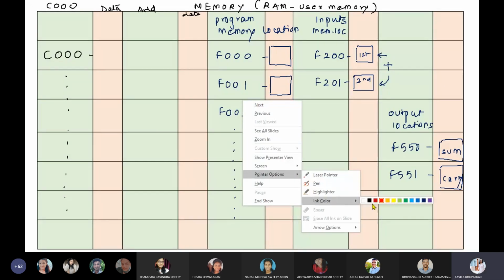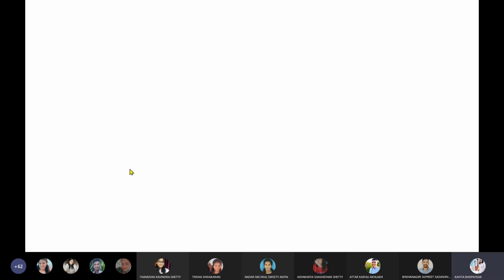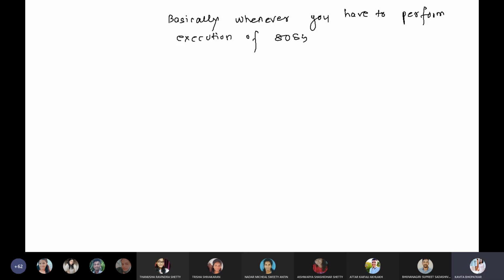That's why I'm making it a point that I'm writing all these things. So basically, whenever you have to write an 8085 program, execution is not the right word because that becomes mechanical.